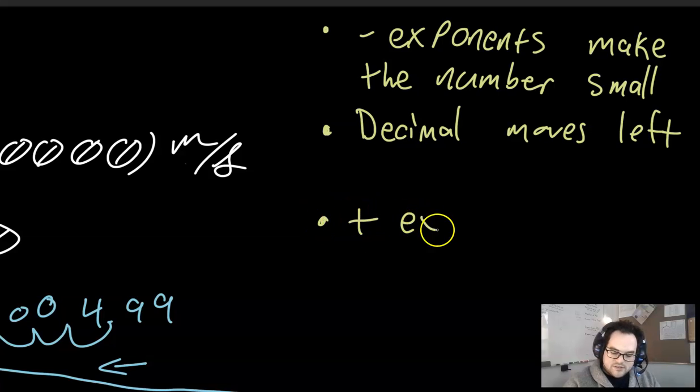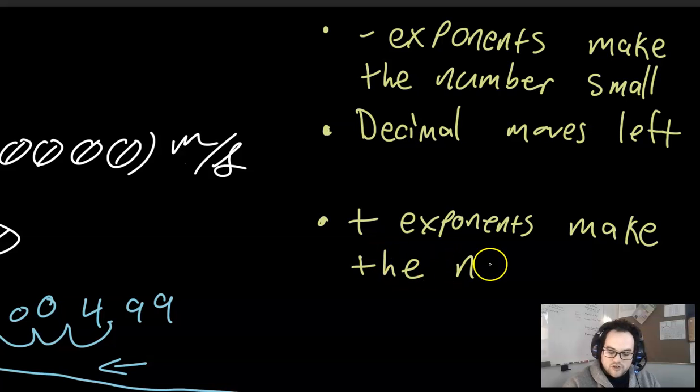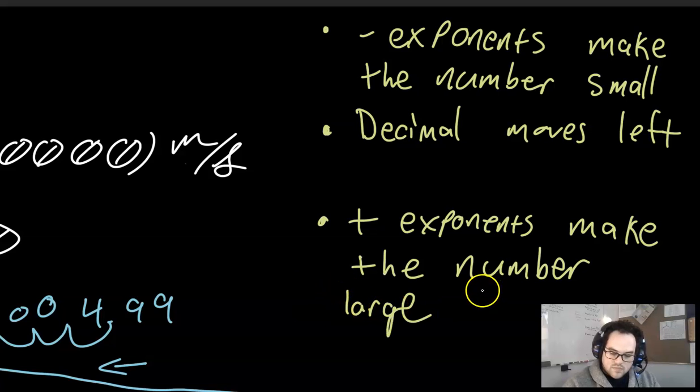Positive exponents make the number large, and the decimal moves right.